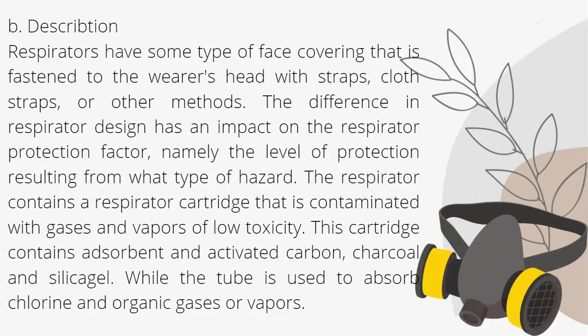The respirator contains a respirator cartridge that filters air contaminated with gases and vapors of low toxicity. This cartridge contains adsorbent, active carbon, charcoal, and silica gel, while the tube is used to absorb chlorine and organic gases or vapors.